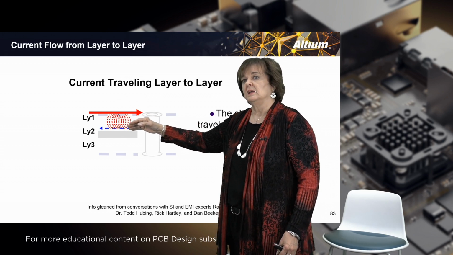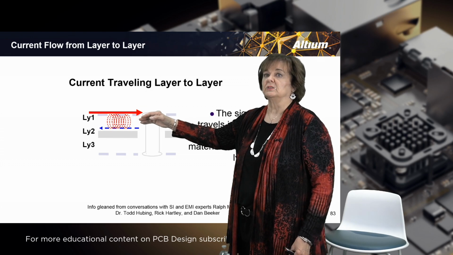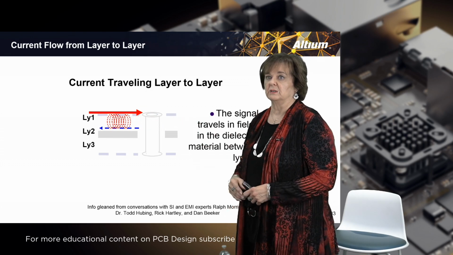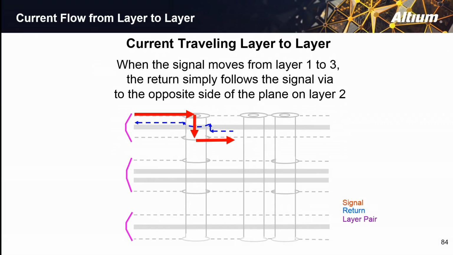It is not in the plane, it is not in the signal, it is following the trace of the signal. As the signal moves from one side of that plane to the other side of that plane, the signal return can very easily return back around the antipad opening of the via of that part, and then go back to the source, following the signal back to its source that way.